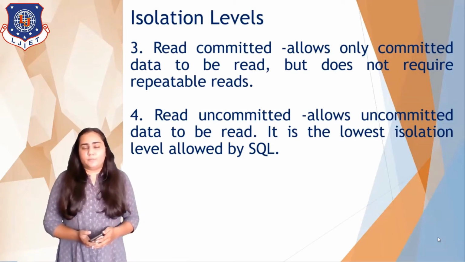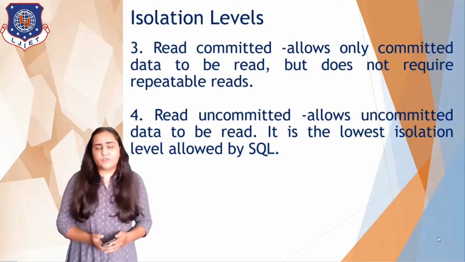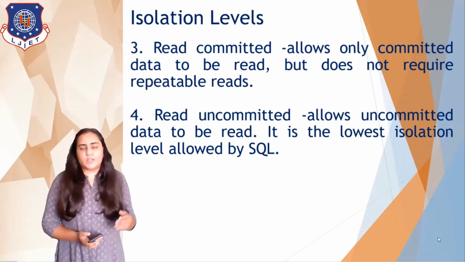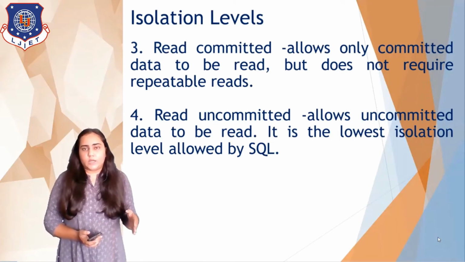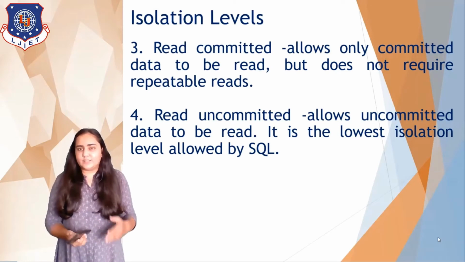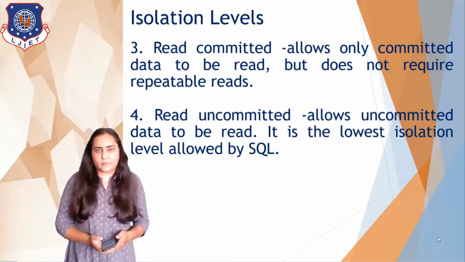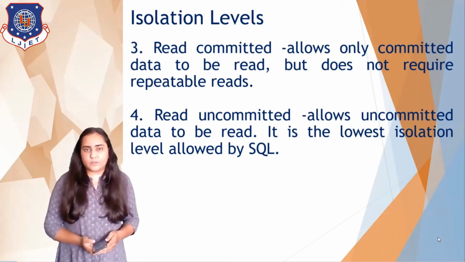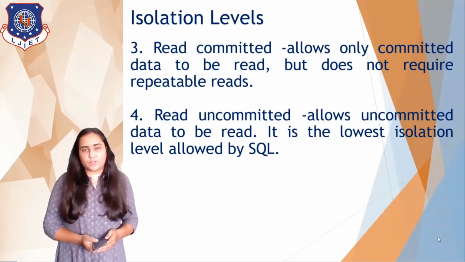If I have a transaction T1 and the transaction T1 is reading a data item A, then even if that transaction does not commit, another transaction T2 can still read the data item A. So that is known as read uncommitted. And those are the four isolation levels that we have in SQL or in DBMS in general.